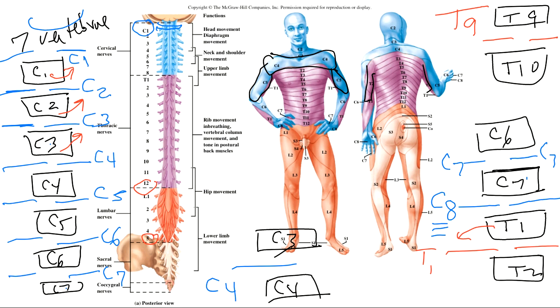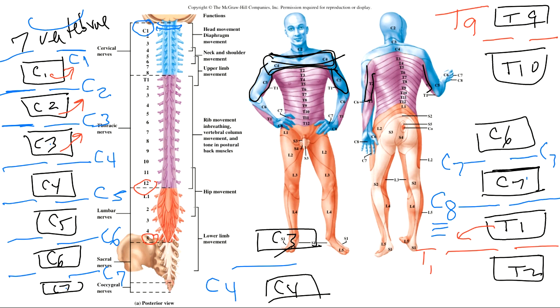There may be, for example, loss of sensory feeling in the C4 region, and that tells us that maybe nerve C4 has been damaged. So it allows us to map the regions that these nerves serve, and if there is damage to the nerve, there may be some abnormalities in those regions.